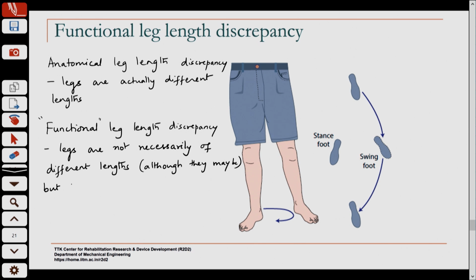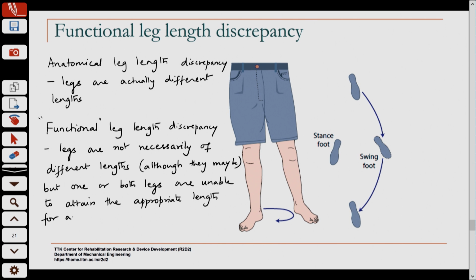But one or both legs are unable to attain the appropriate length for a particular phase of the gait cycle.